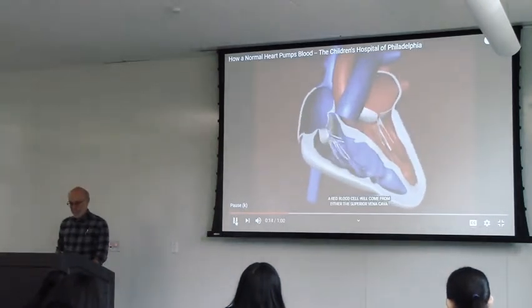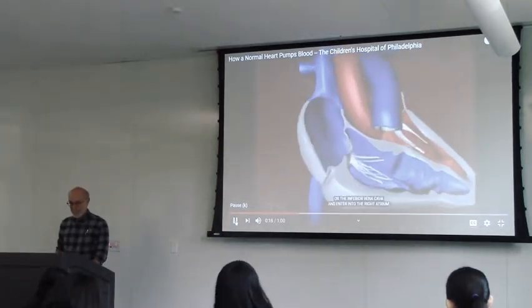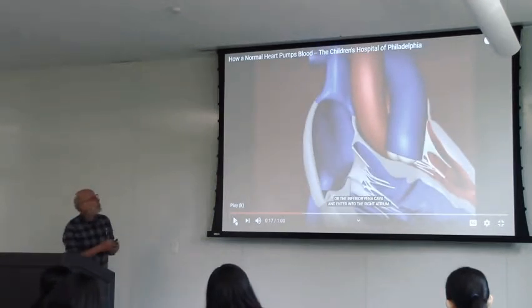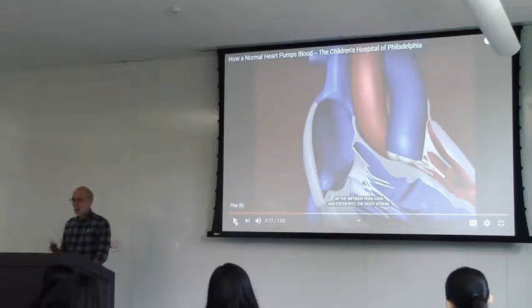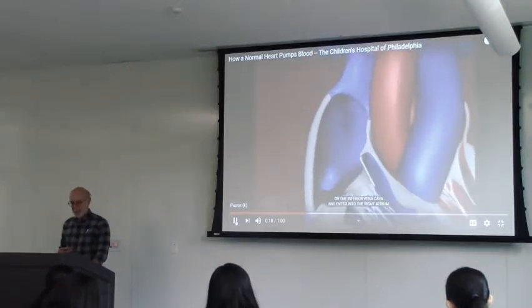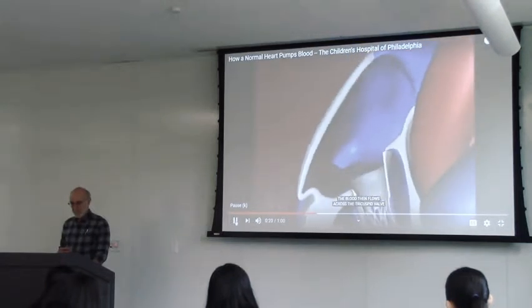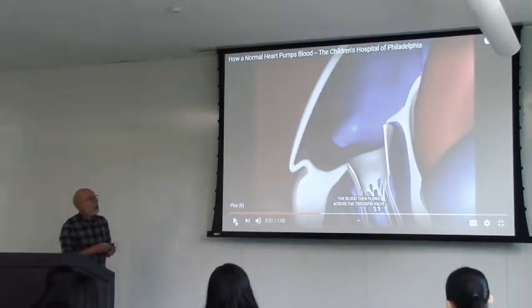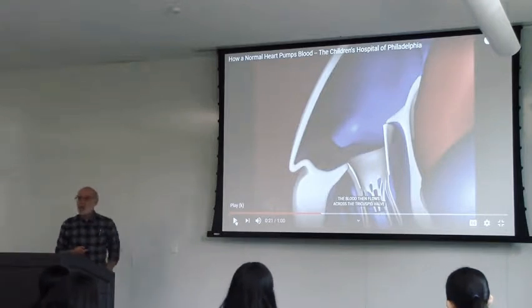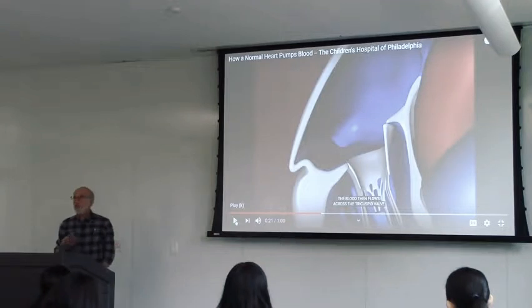Red blood cell will come from either the superior vena cava or the inferior vena cava. Superior vena cava, inferior vena cava, drain into the right atrium. And enter into the right atrium. The blood then flows across the tricuspid valve. The tricuspid valve is open during the period of time when the ventricles are not beating.